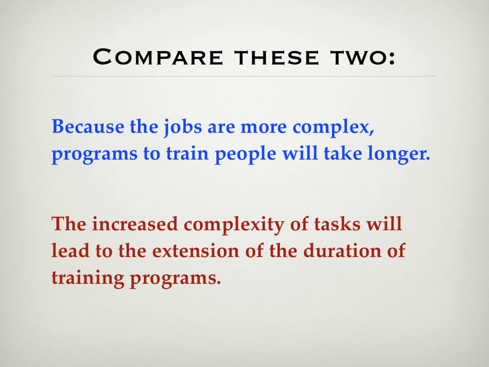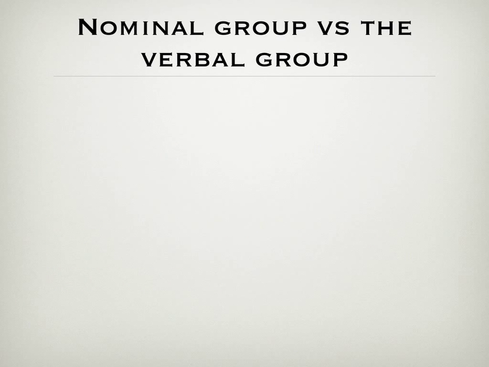The question might be put like this: is the highly nominalized and lexically dense text of academic writing academically necessary? Let's look at this linguistically and consider the nominal group compared to the verbal group. In other words, let's compare what's going on when we generate noun phrases as opposed to verb phrases.